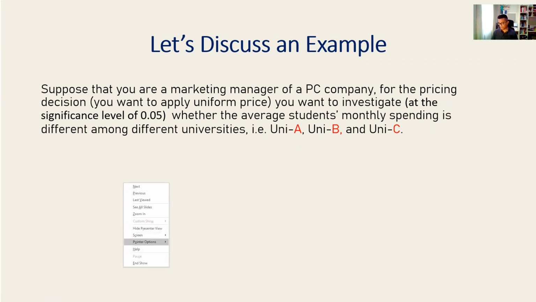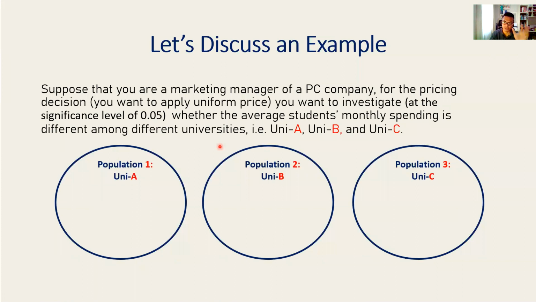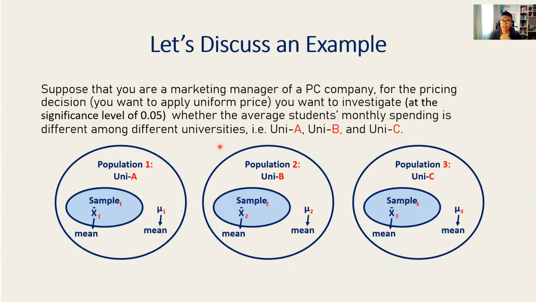If the average monthly spending is similar, then you can apply the uniform pricing scheme. But otherwise, you have to apply a differentiated pricing scheme.